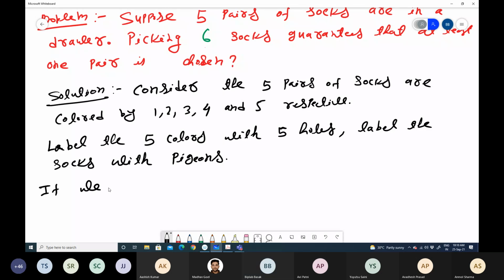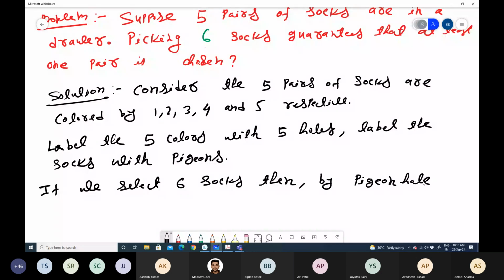If we select 6 socks, then by the pigeonhole principle, some color... so there it had some hole, and here the hole is your color, right?